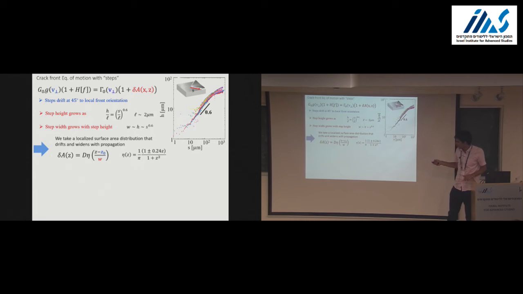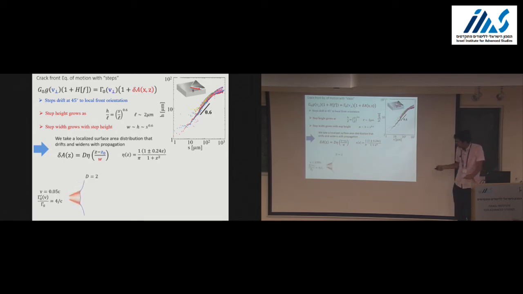And we also assign an amplitude to this surface area distribution. So it's not that there's actually surface area created, but we model how much dissipation would happen if there was a surface structure there.